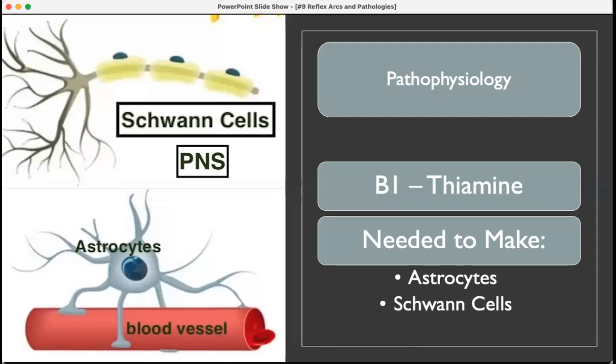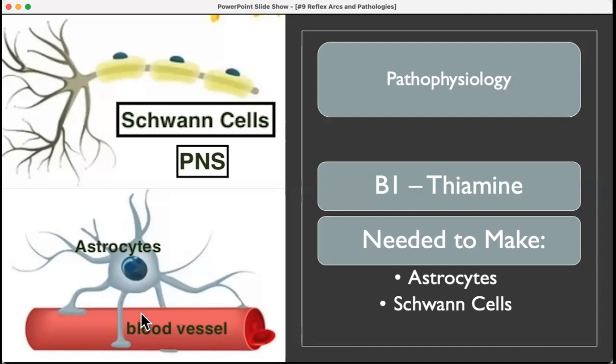The pathophysiology of this B1 deficiency: thiamine is needed to make both the Schwann cells and the astrocytes. Remember, the Schwann cells are in the peripheral nervous system myelination, and the astrocytes protect the blood-brain barrier.